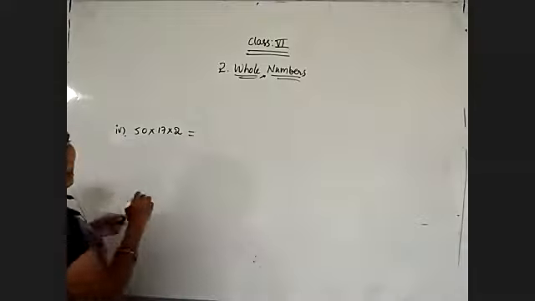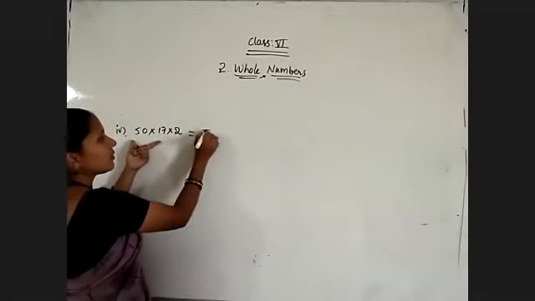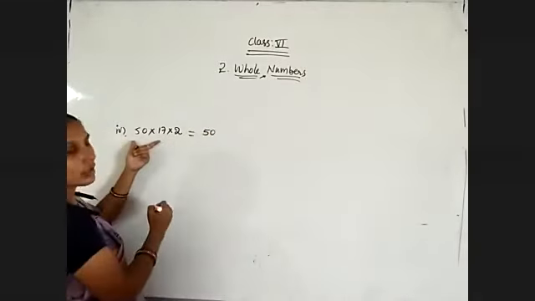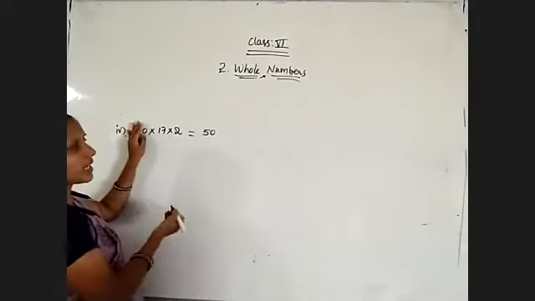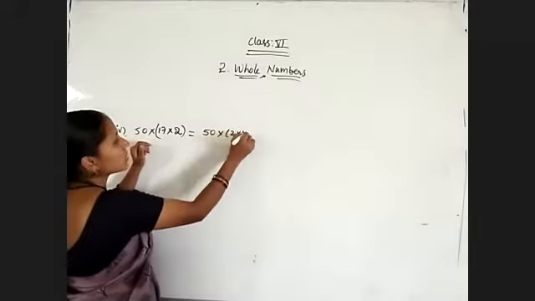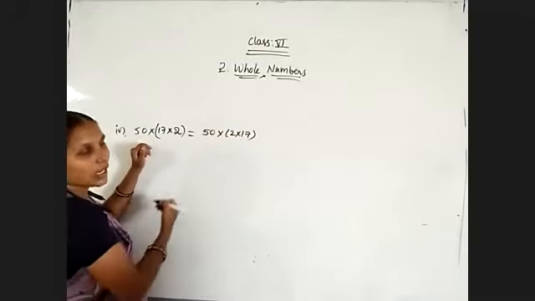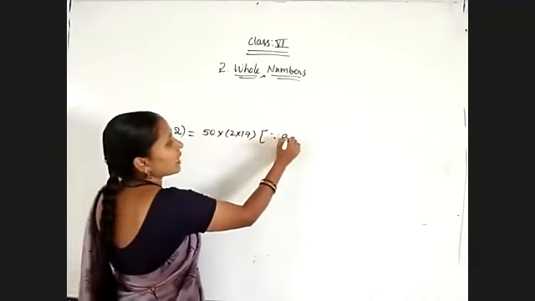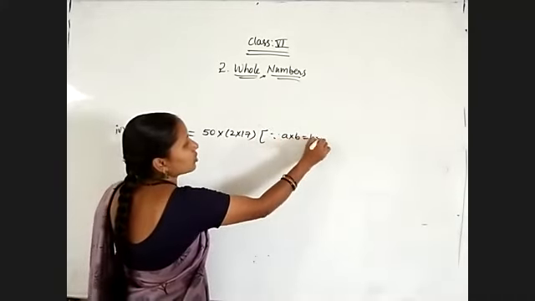So here I am going to observe 50. I'm not changing it. So remaining is 2 into 17. Okay. So it is A into B is equal to B into A.